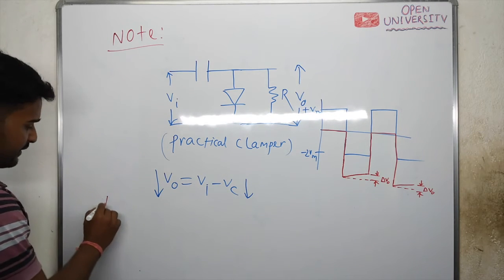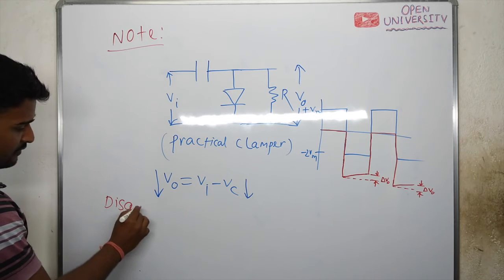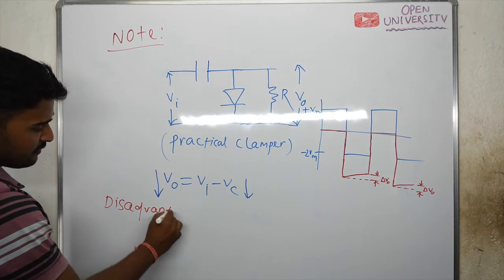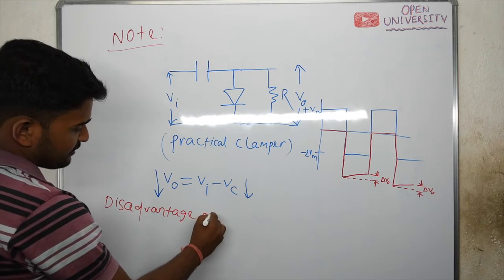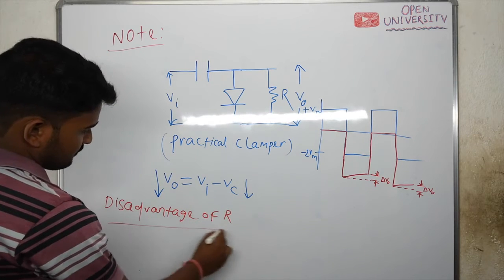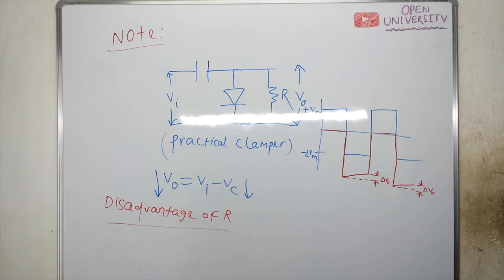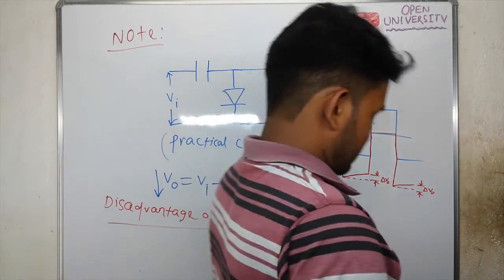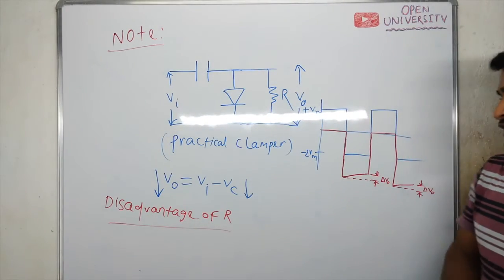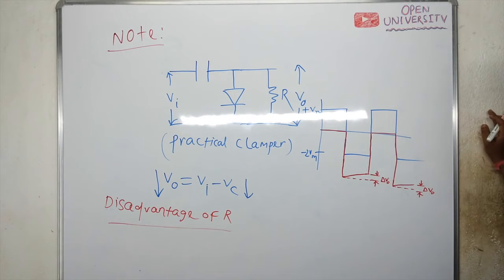and give the heading: disadvantage of R. What is the disadvantage due to connecting a resistance R in parallel with the diode?